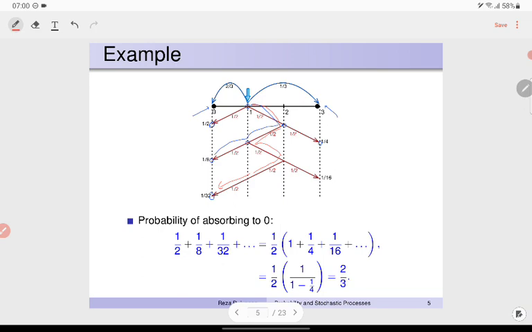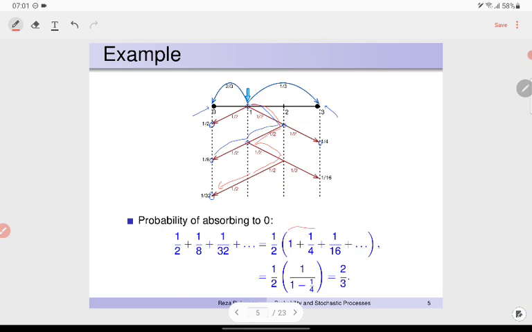And we can sum them all up, and the sum will result in an infinite geometric sum actually: 1/2 plus 1/8 plus 1/32, and so on and so forth. This is equal to, taking out the 1/2 to the front, 1/2 multiplied by 1 plus 1/4 plus 1/16, and so forth.